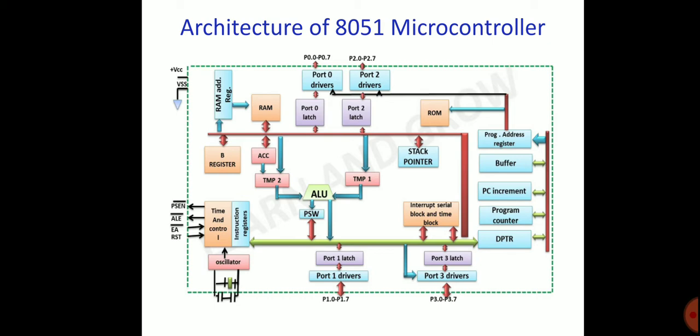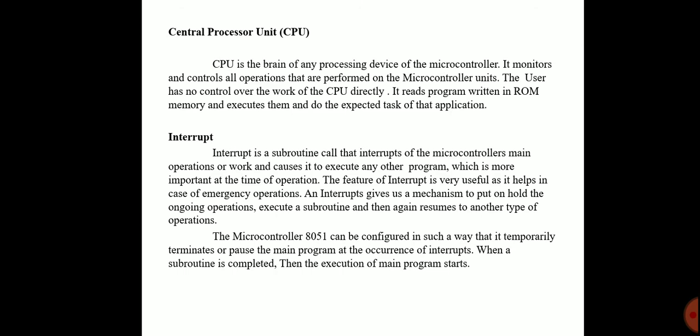These are the functional registers of the 8051 microcontroller. The interrupt signals, serial block signals and timer block signals go to the 8051 controller. Now we see the main function of the central processing unit, that is, the CPU.